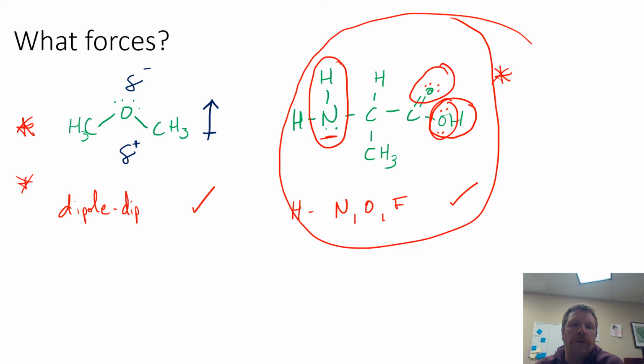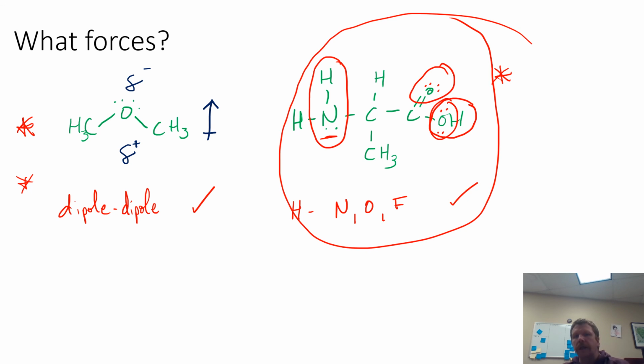So whenever you're thinking about identifying what type of forces exist between molecules, start out with your criteria for hydrogen bonding. You've got to find a nitrogen, oxygen, or fluorine, and you've got to find a hydrogen bound to that. If you don't find that nitrogen, oxygen, or fluorine, then you know that it's not going to be hydrogen bonding.